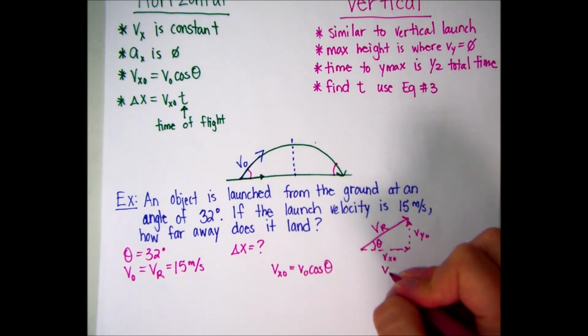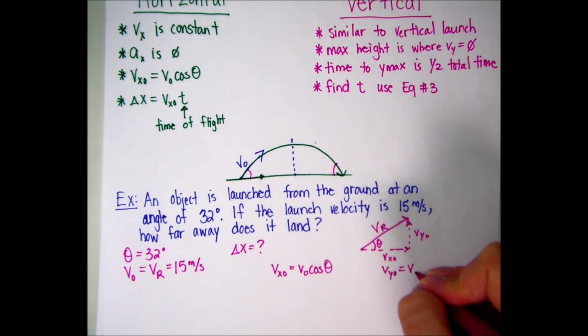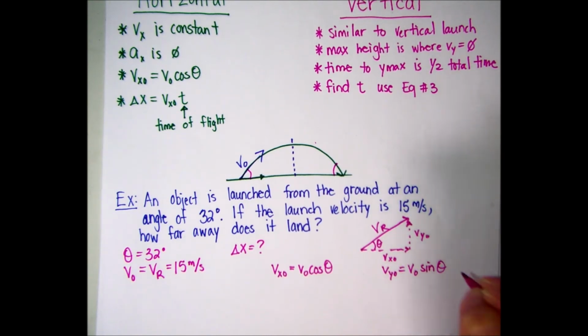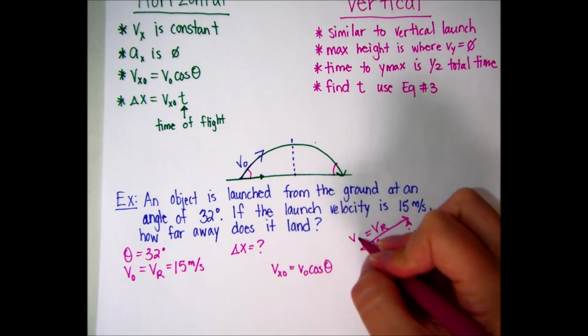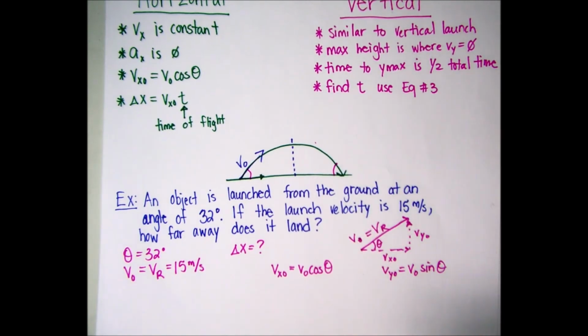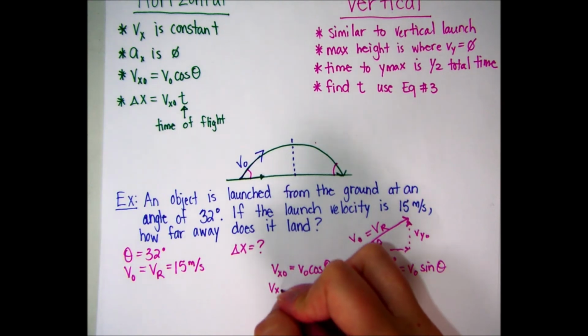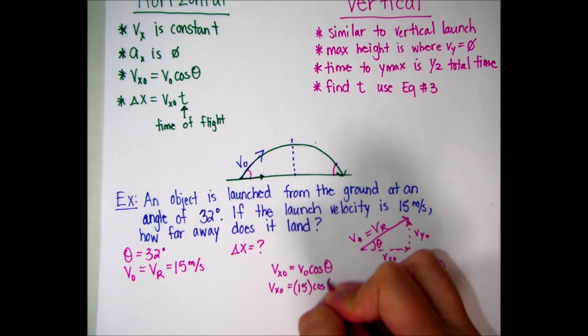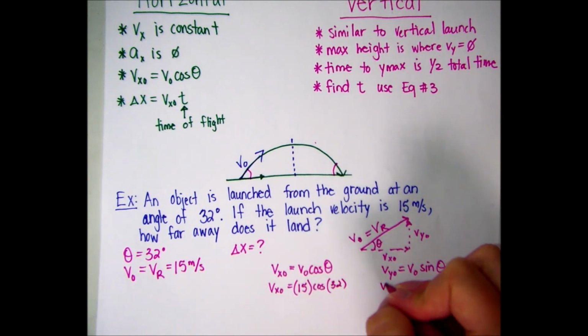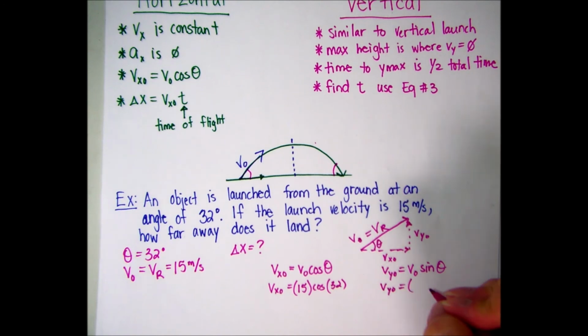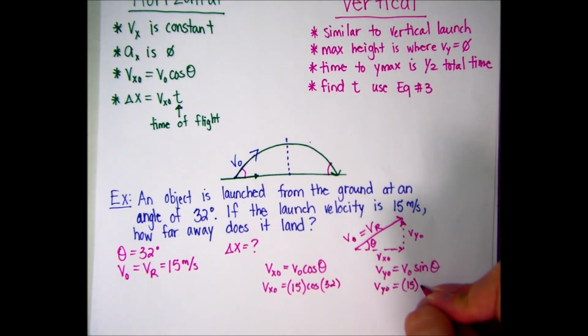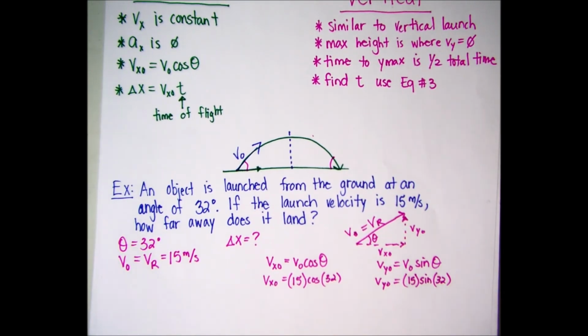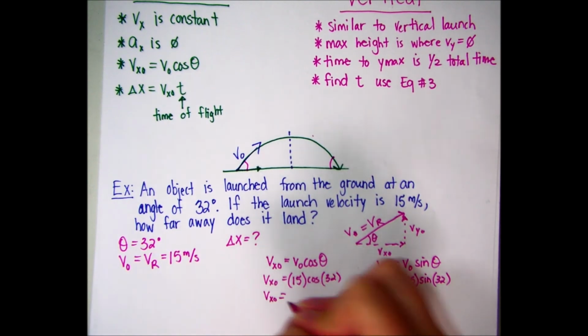And to find Vyo, I'm going to use the sine function. Remember, Vo and Vr are the same thing. So my Vxo is going to be 15 times the cosine of 32. And my Vy0 is going to be 15 times the sine of 32. Type that in your calculator to get your values.